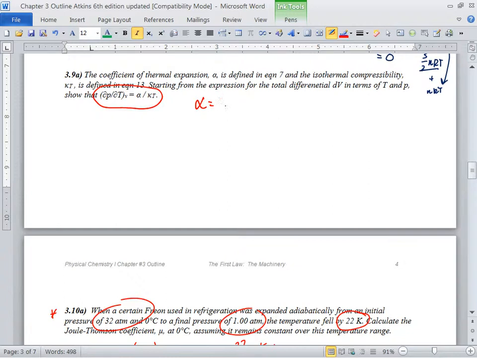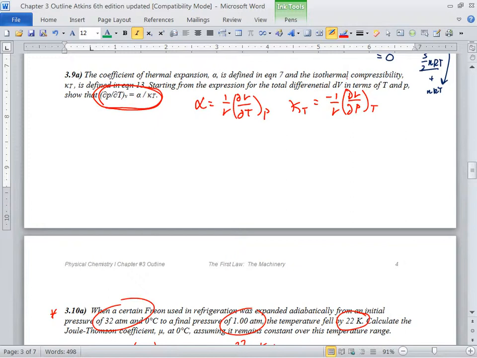Alpha was 1/v partial of v with respect to t at constant p. And kappa was negative 1/v partial of v with respect to p at constant t. So I'm just copying down from the notes. And they want you to show this.